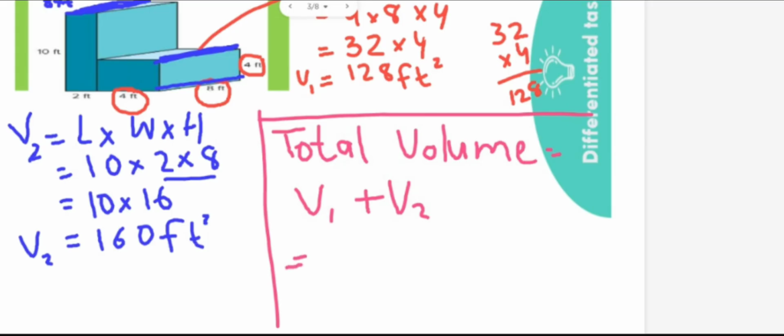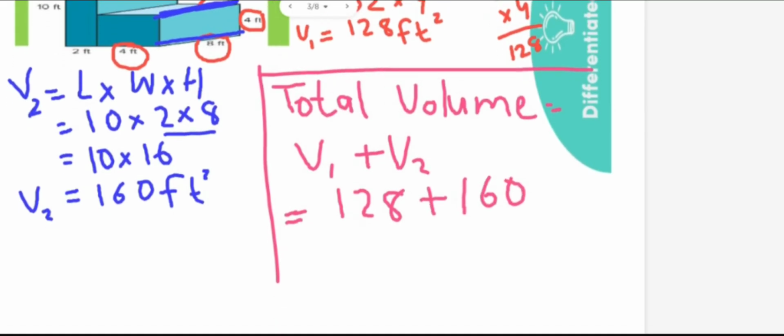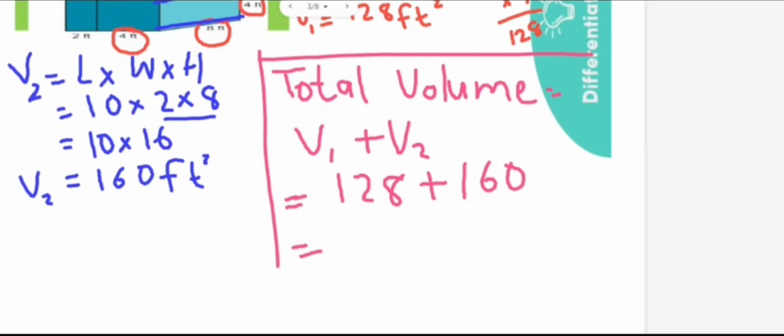V1 was 128 and V2 is 160. Let's add them. It will become 288. And don't forget to write the units. These are the cubic units. By mistake, I wrote square, but these are cubic units.